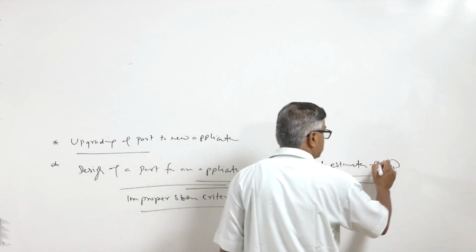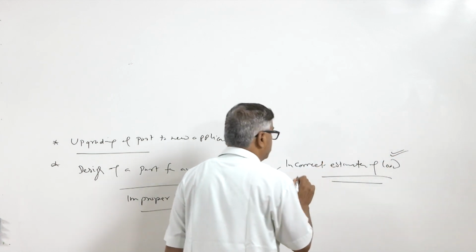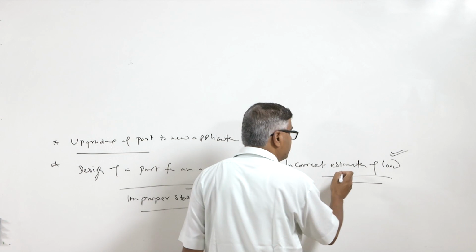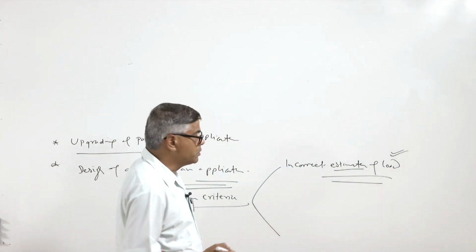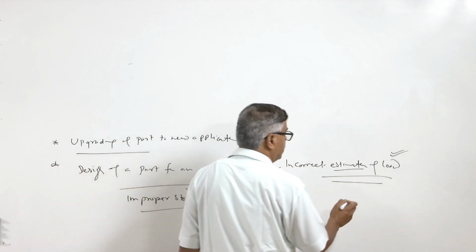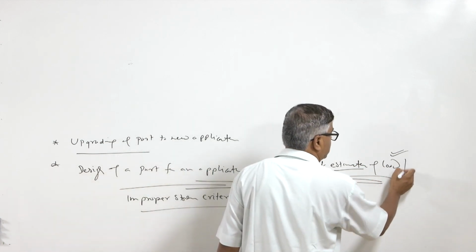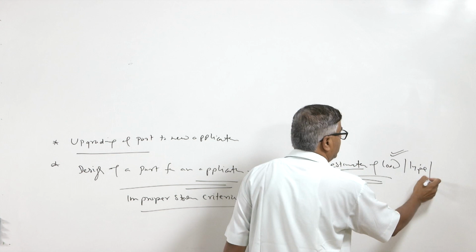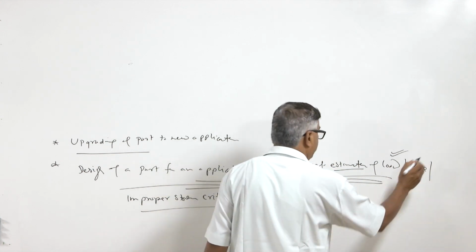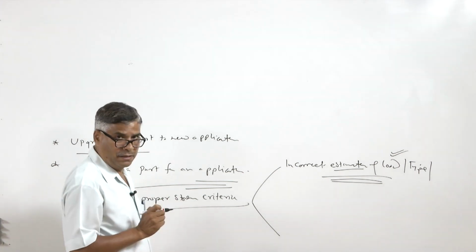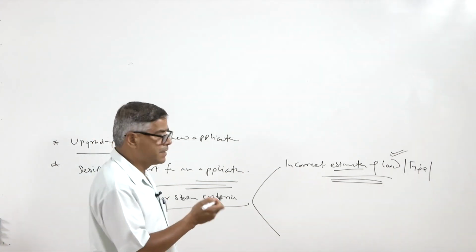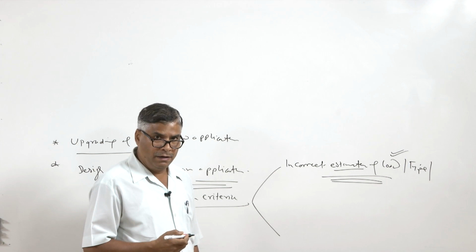In those conditions it becomes really difficult to correctly estimate the kind of load which will be acting during the service. So, incorrect estimation of the load during the service, and its type and magnitude, can lead to the improper stress criteria, or improper stresses being used for the design purpose.